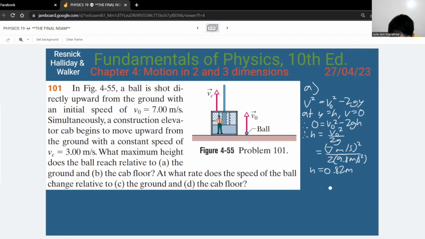Oh, wait. 2 times... So h is equal to 2.5 meters.